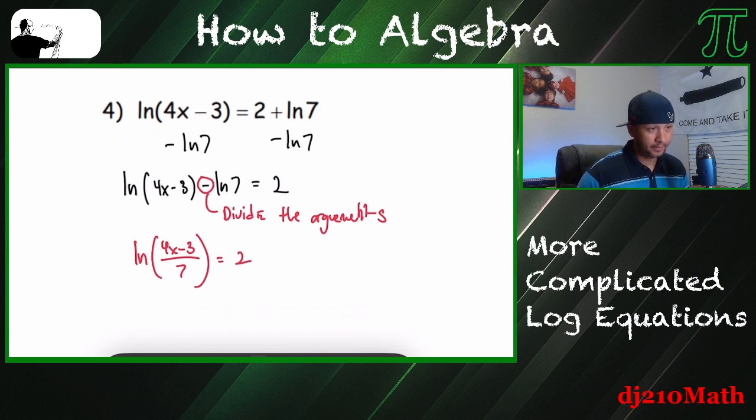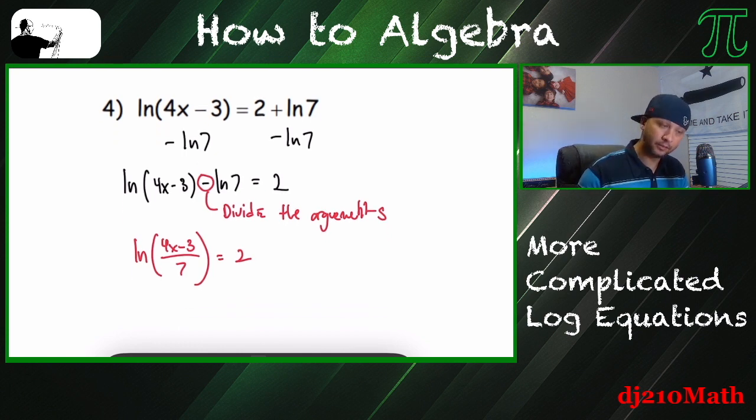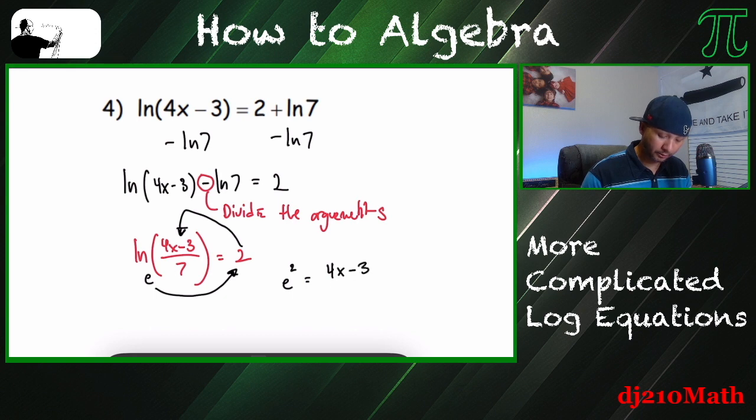Okay, now that we have it down to just one log, we're going to convert it to exponential form. So it is base e. So e squared equals all this. So e squared, that's just a number, equals 4x minus 3 divided by 7.